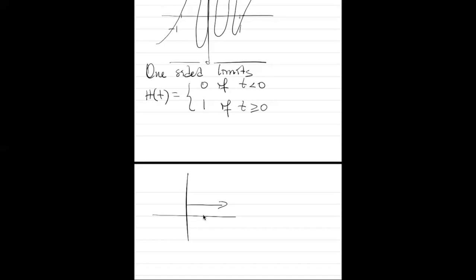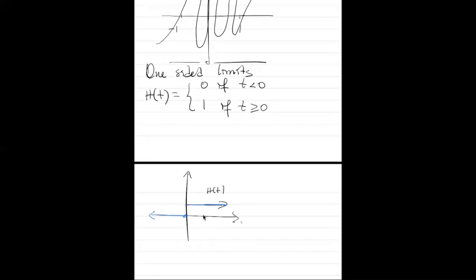I'm going to use a different color for the function. So we have this to the right, and we have this to the left with a hole here. Oh, actually, I need to draw it over here. It's 0, not -1. So this is our function, which we call h of t.